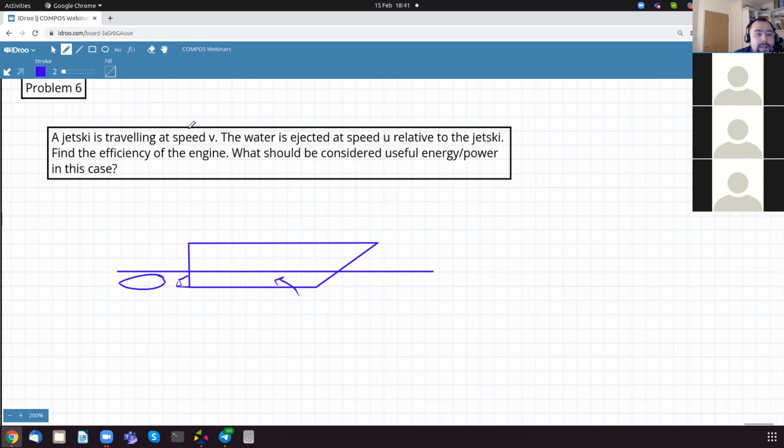Now, because it's traveling at a constant speed, that means that the force provided by the engine is equal to the water resistance force. So water resistance is equal to the force from the engine.